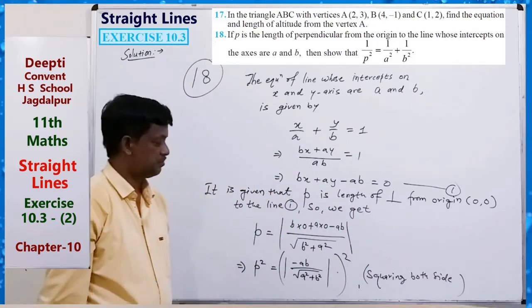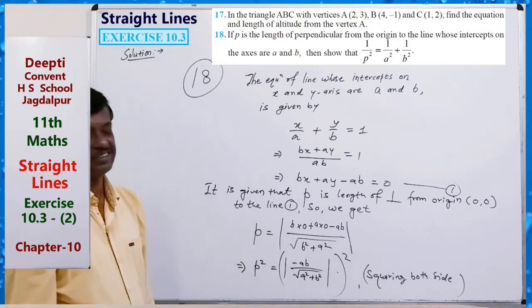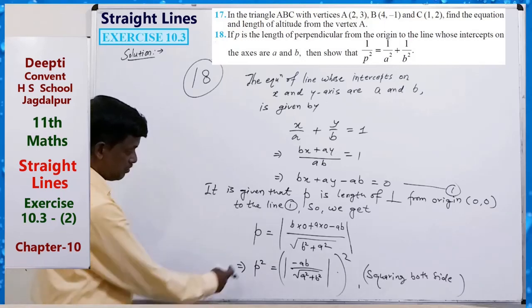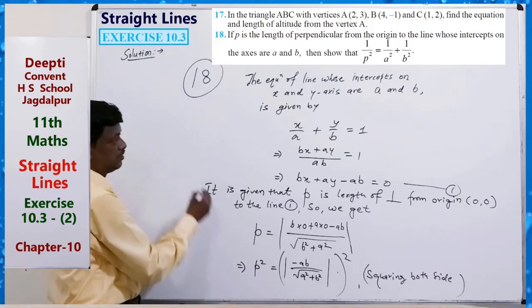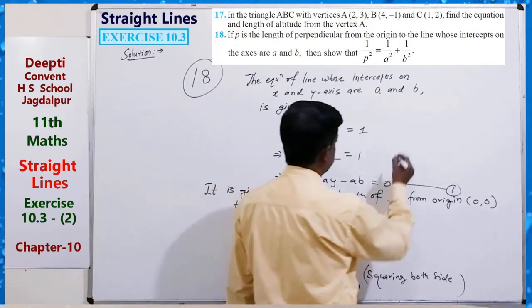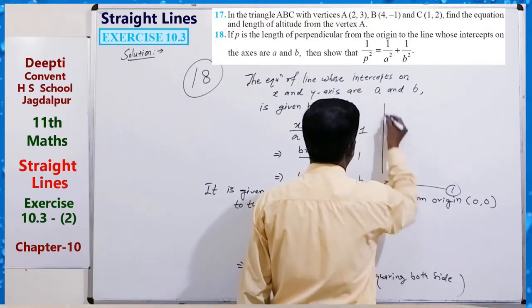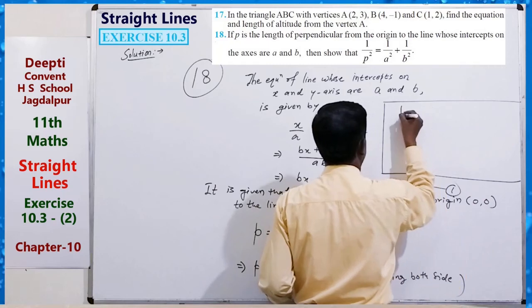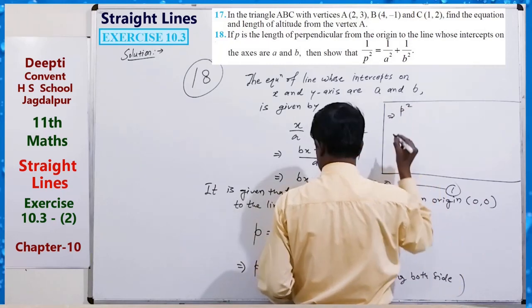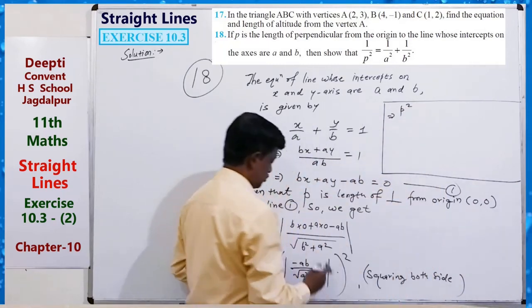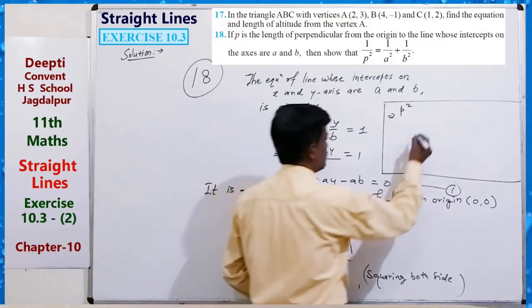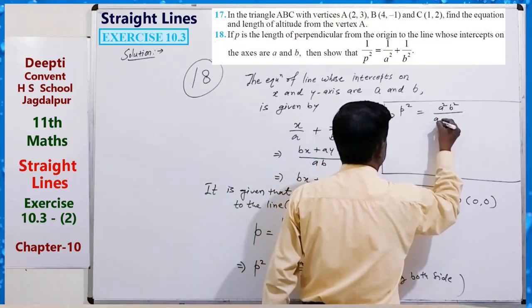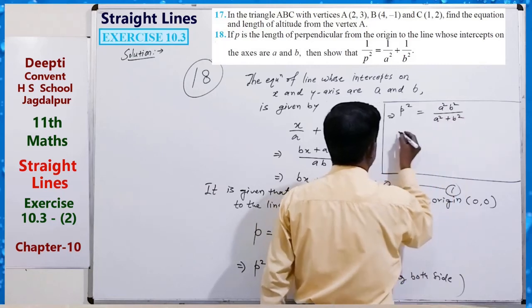Now we can get the required result from here. So p square equals modulus square of ab, so equals a square b square upon a square plus b square.